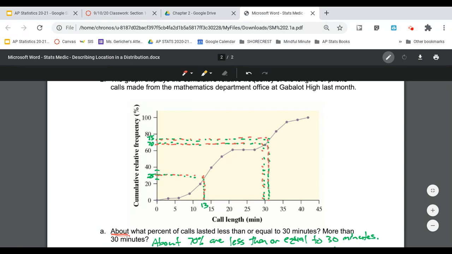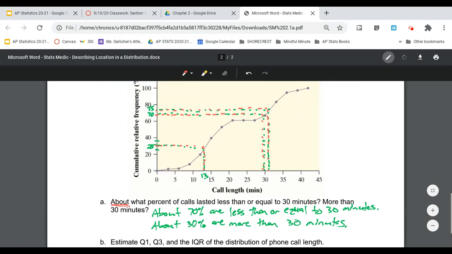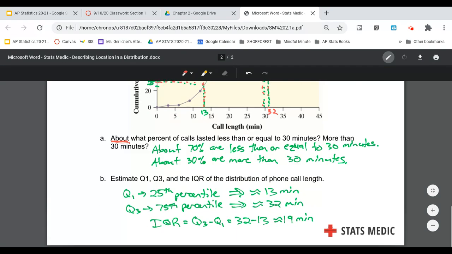And I guesstimated, what did I guesstimate? 32. So I have little approximation signs to show that it's just an estimate. And so I got 13 and 32. And then if you subtract those, you get about 19 minutes. So your answers might be off a little bit from mine. Totally fine. It's just an estimate.